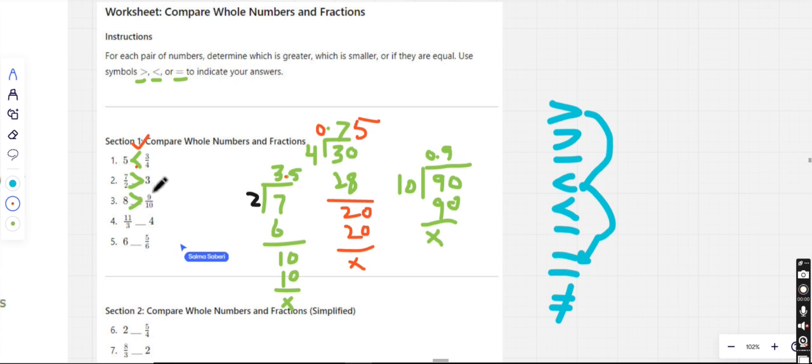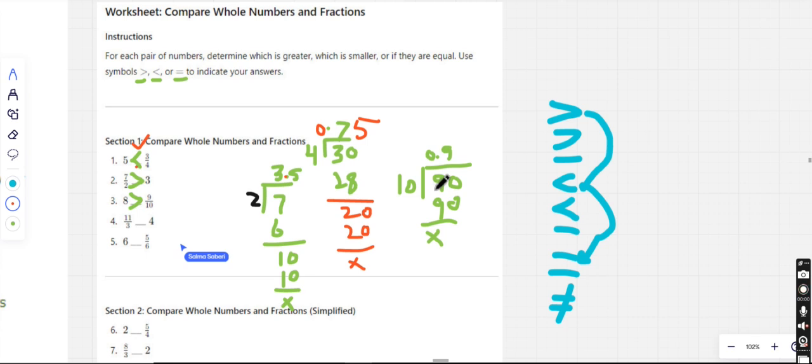Understand? After that, 8 compared with 9 over 10. So we write 10 as the divisor and 9 as the dividend. 9 is less than 10, so we write 0 point here and drop 0 here.